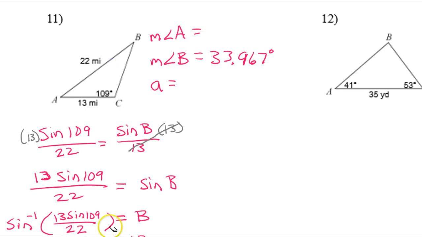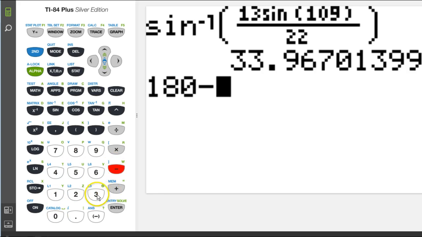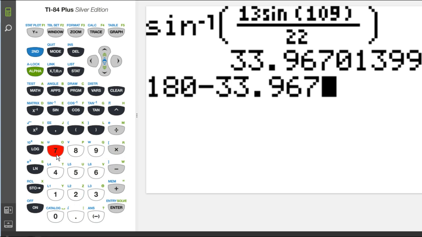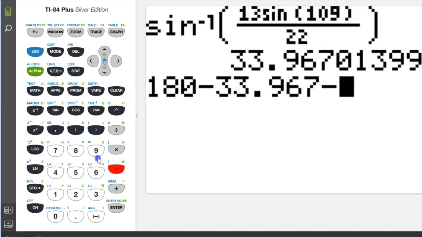Okay, so when I subtract from 180, I'm going to do 180 minus 33.967 minus 109.